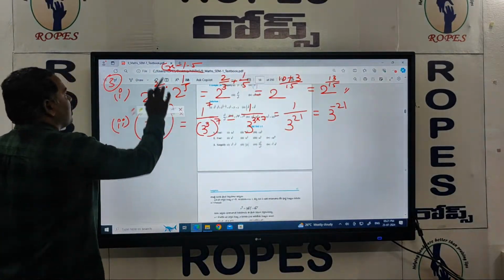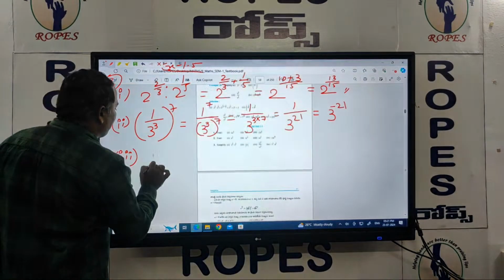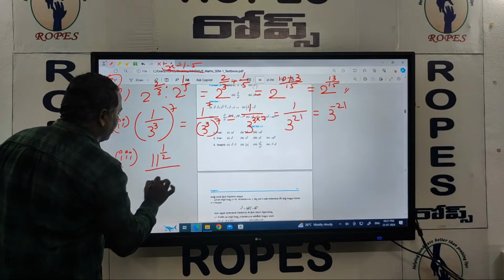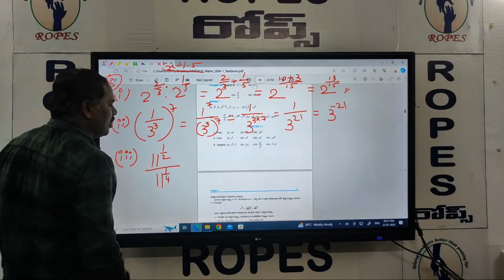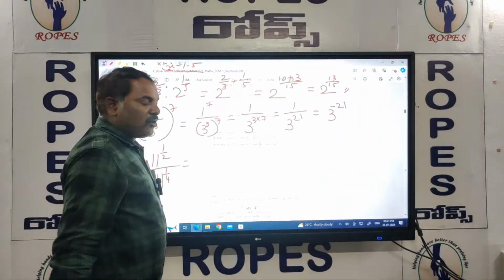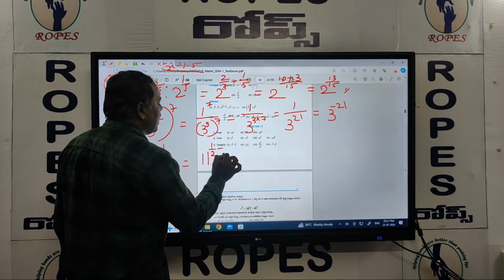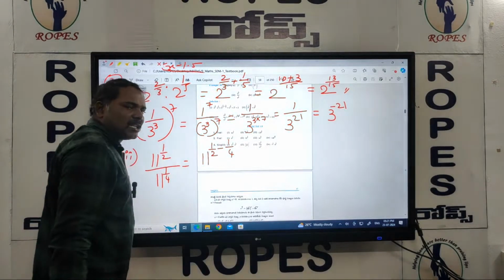Next, here the third sub question. 11 power 1 by 2 by 11 power 1 by 4. Now it is in the form of a power m by a power n, which is equal to a power m minus n when m is greater than n.